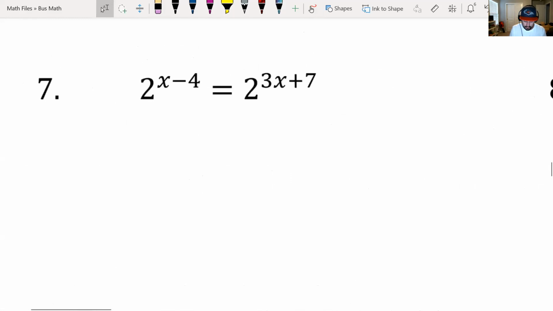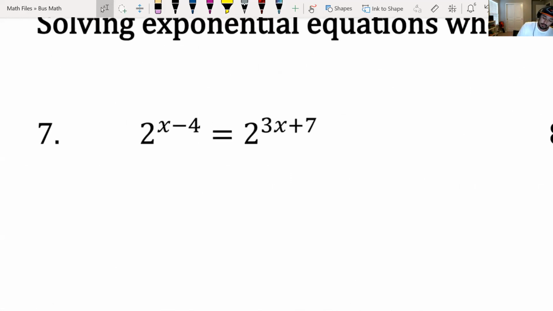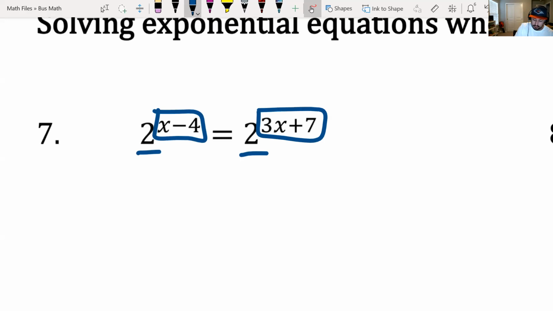So using this new property, the first thing I notice is I have a base of 2 on the left and a base of 2 on the right. Since the bases are equal, this means that I can set these exponents equal to each other.